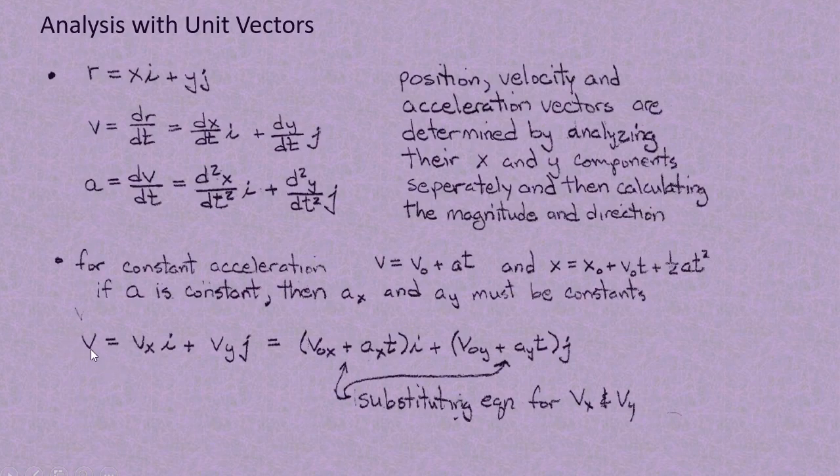So our velocity unit vector notation is going to be v sub x times i plus v sub y times j.